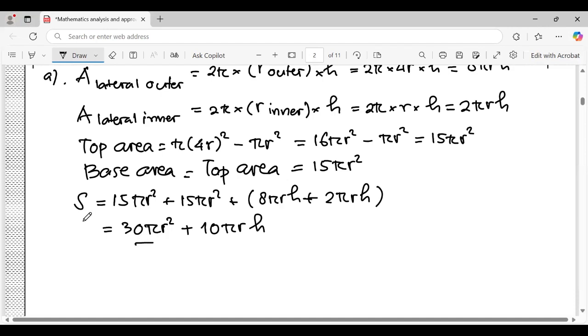Okay, so S equals this one. The surface area of the cylinder is this one. Question B.